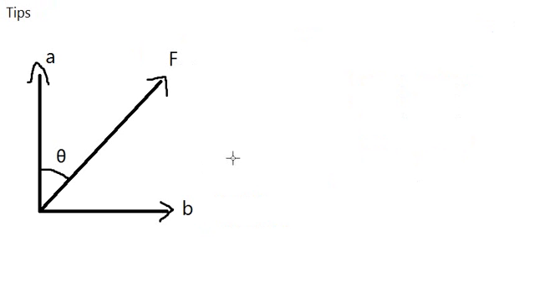By the time you are doing this, you should be thinking, is there an easier way to find these resolved components? Because it's really confusing to draw triangles, and by the time you're doing all the exam questions, you'll find yourself drawing millions upon millions of arrows that you really don't need to draw, and that would be really ridiculous.